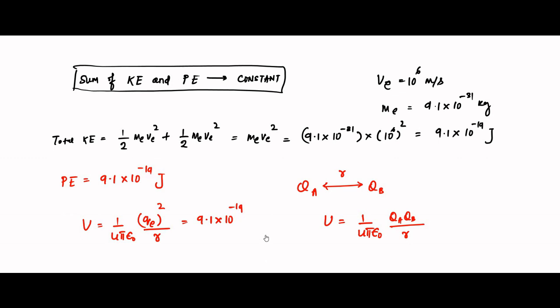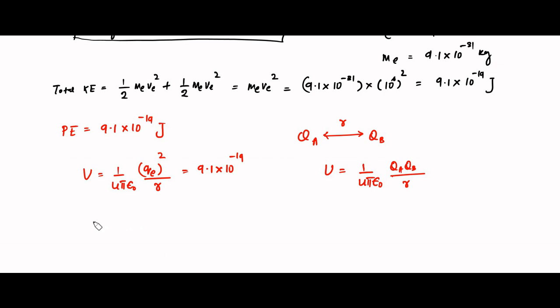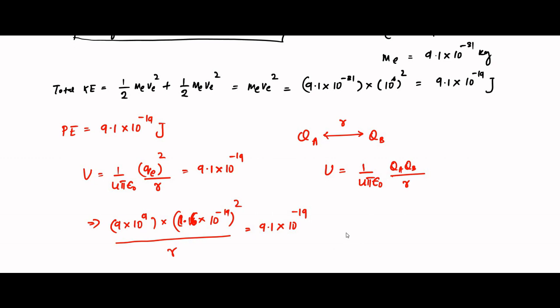So r goes to the numerator on the other side, and 9.1 comes into the denominator.